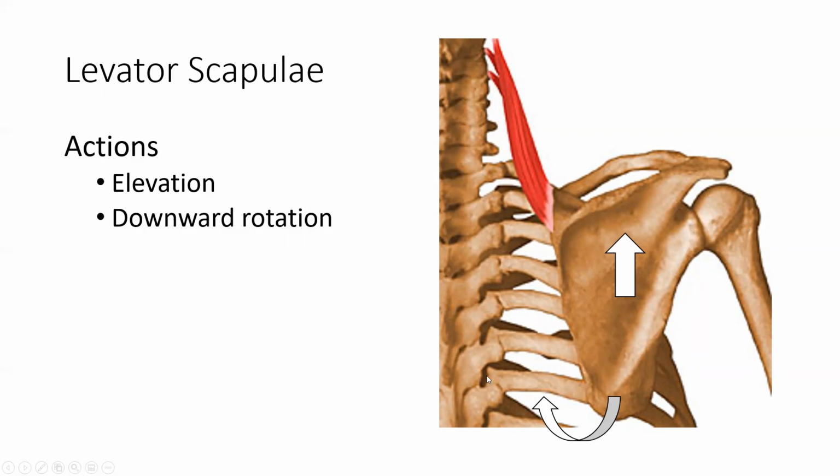It's a synergist for downward rotation. It's not going to be our prime mover, which rhomboid is, but it's going to be a synergist for downward rotation. It's also going to be a synergist for elevation. We already saw earlier, our primary elevator is upper trapezius.